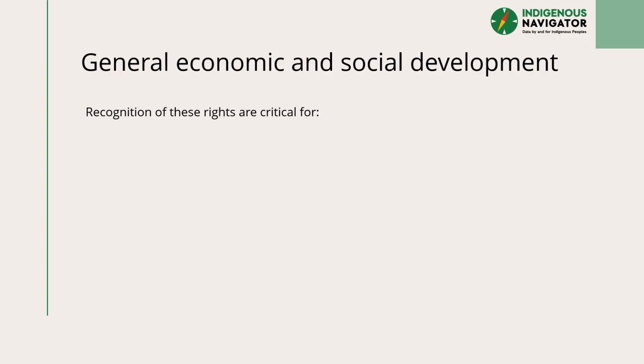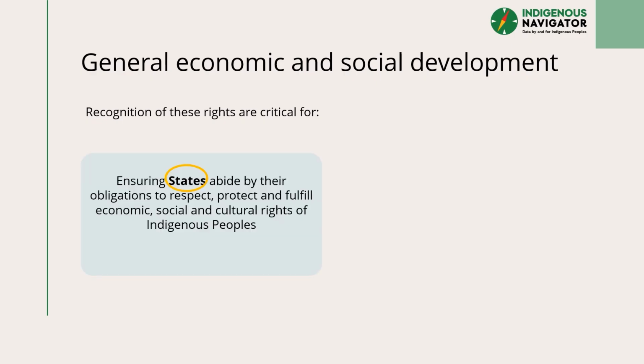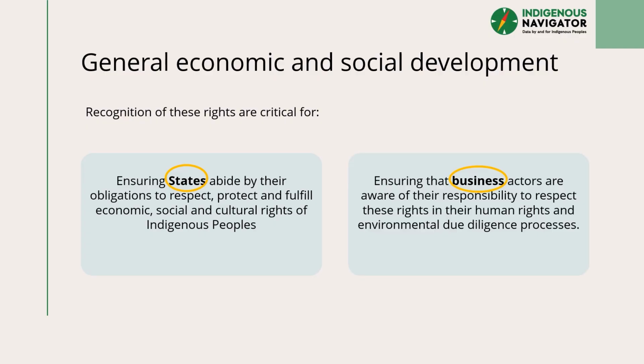In the context of business activities, the recognition of these rights is critical for ensuring that states abide by their obligations to respect, protect, and fulfill economic, social, and cultural rights of Indigenous peoples when developing and implementing measures and activities related to business activities, and ensuring that business actors are aware of their responsibility to respect these rights in their human rights and environmental due diligence processes.